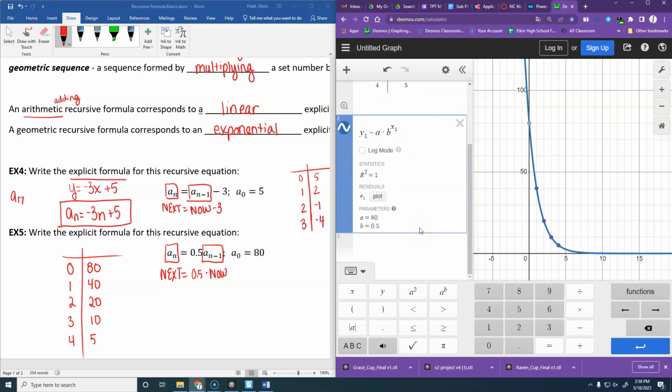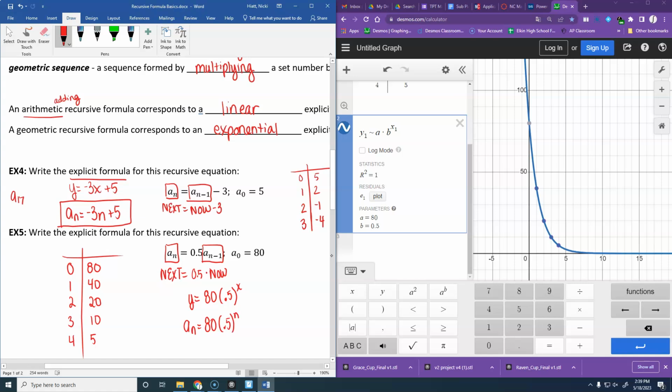We are getting a is 80, b is 0.5. So with x's and y's, that's 80 times 0.5 to the x power, but they're going to write a sub n equals 80 times 0.5 to the n power.